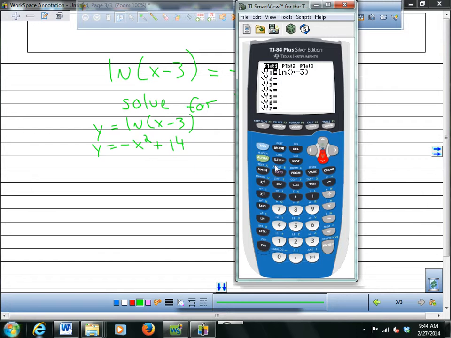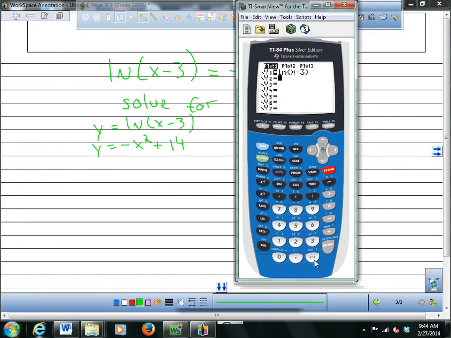And the other thing, it's really a good idea to get in the habit, when you're solving these things, to have a sense of what they look like. Okay, so second, insert, negative x squared. Whoops, let's just clear that whole mess.